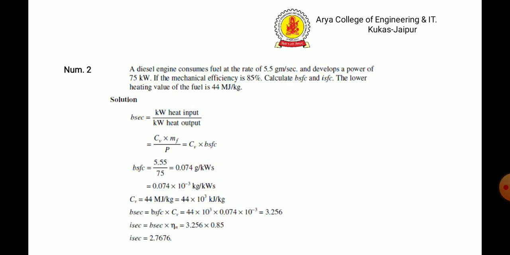So for BSFC, kilowatt heat input and kilowatt heat output, we can put here mf into CV upon P, that is output.